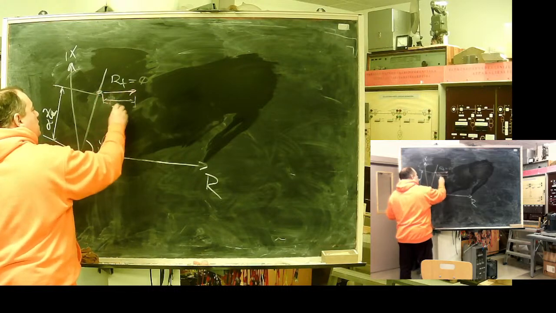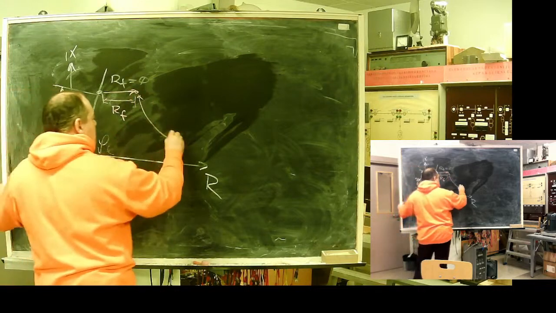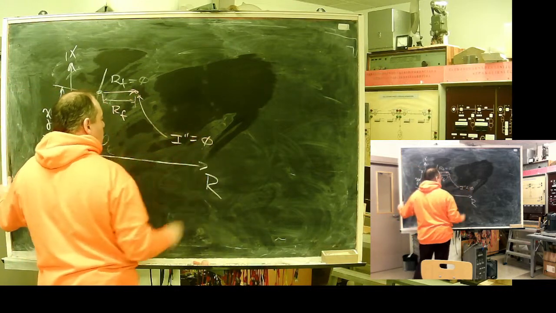This vector is RF, and here is the point in case I2 is 0.